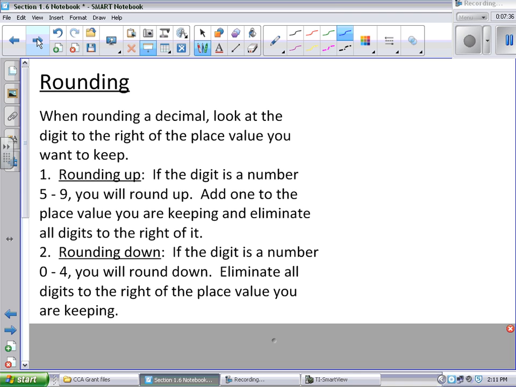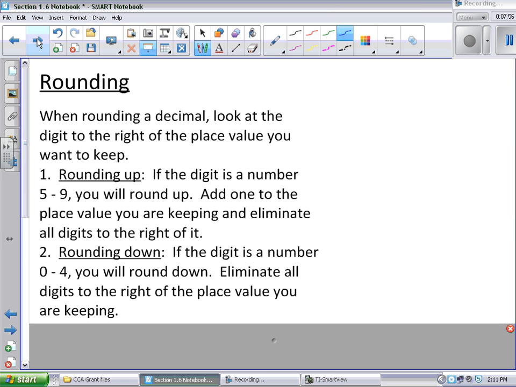I know you've all talked about rounding in high school, but I still find students making mistakes when they round. When you're rounding a decimal, look at the digit to the right of the place value you want to keep. You will round up if the digit is a number 5, 6, 7, 8, or 9.